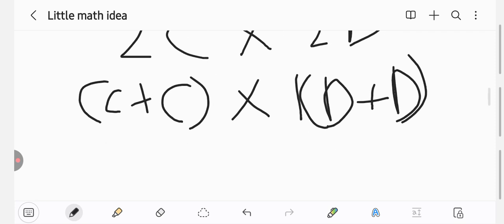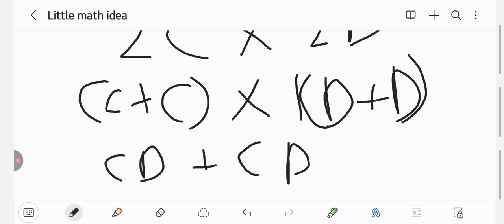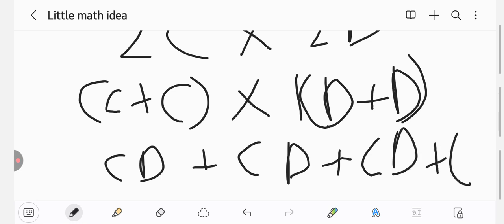So now we use FOIL. I already explained how the FOIL method actually works and what it means. So now we use FOIL and get cd plus cd plus cd plus cd.